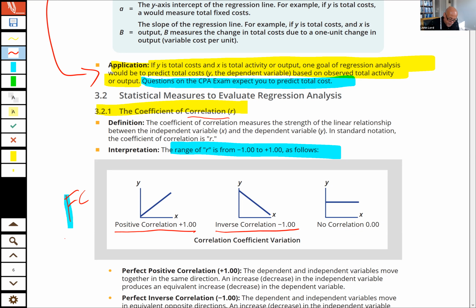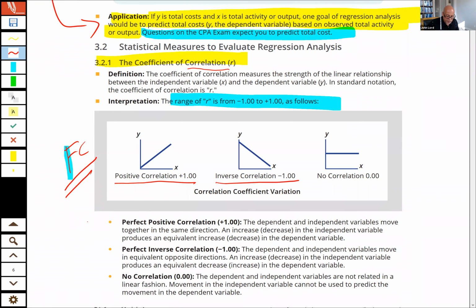So flashcard that, but when you look at the graphic here, that's what it's telling you: one moves, the other moves in the same direction. Units go up, total costs go up. If they're going down, then they're moving in opposite directions. As one goes up, the other goes down. And if it's a 0, that means there's no correlation. These things are jumping all over the place, depending on very random factors.